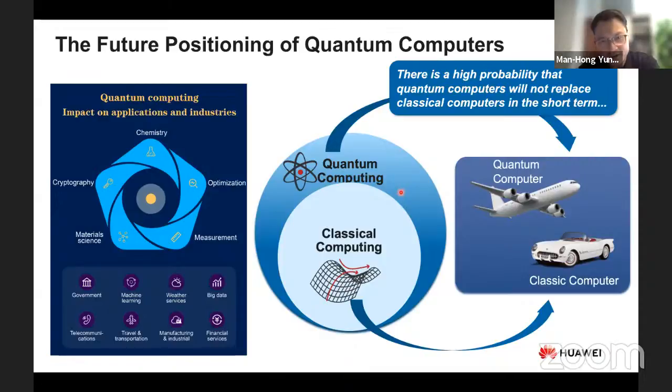So I can do any classical computation with a quantum computer if we want. This is true. I'm not saying it's wrong, but it's not practical.